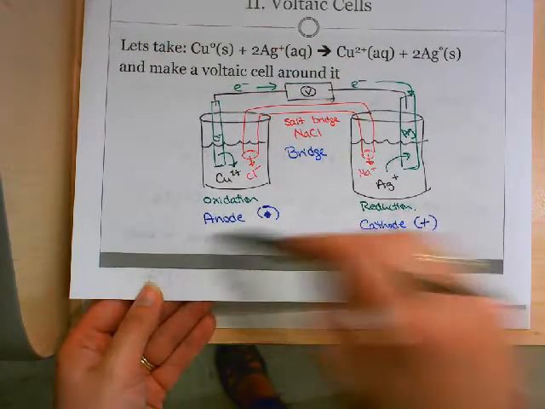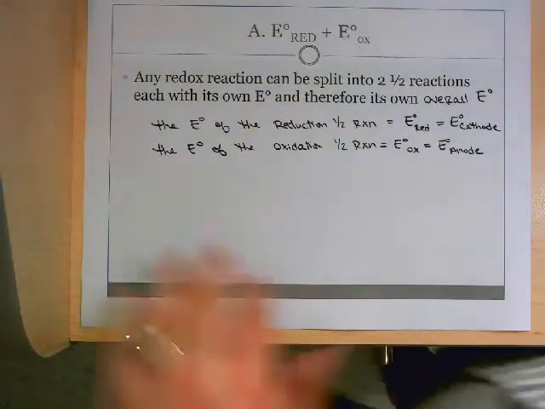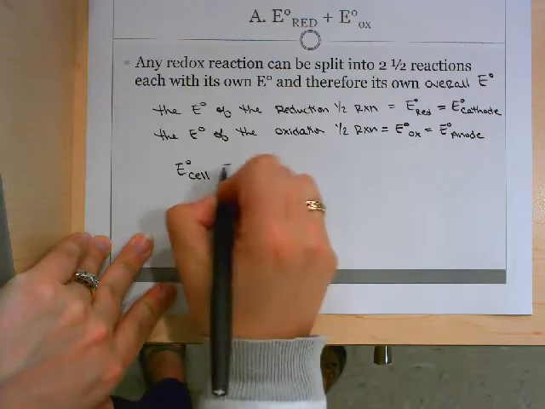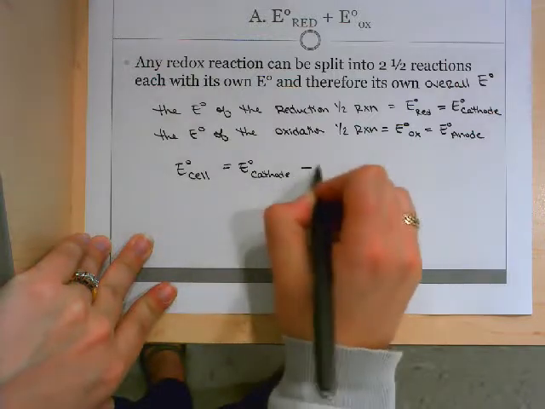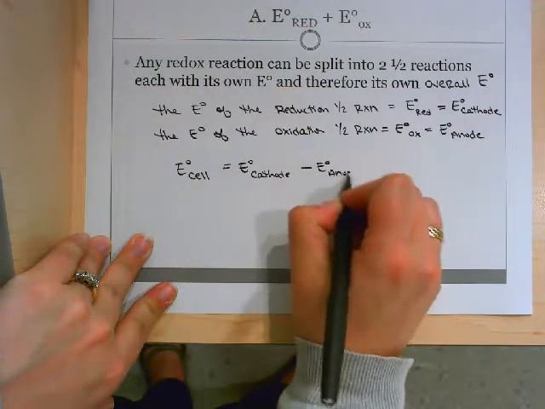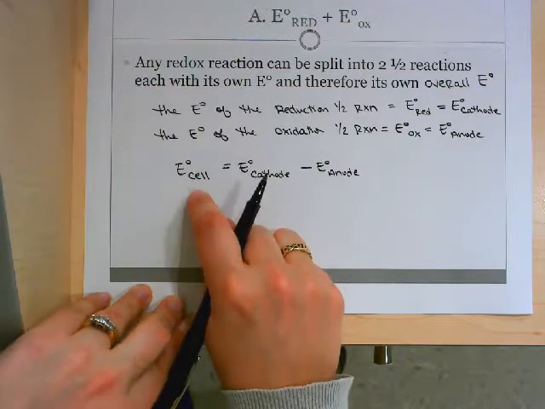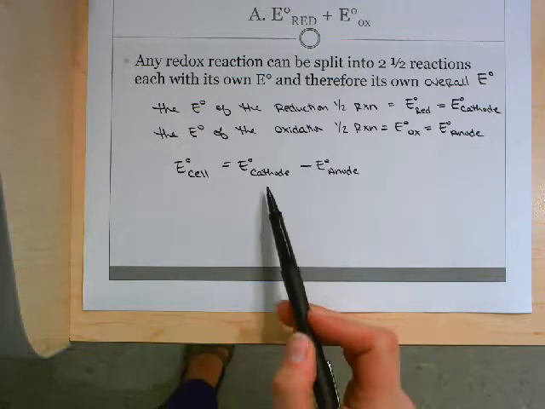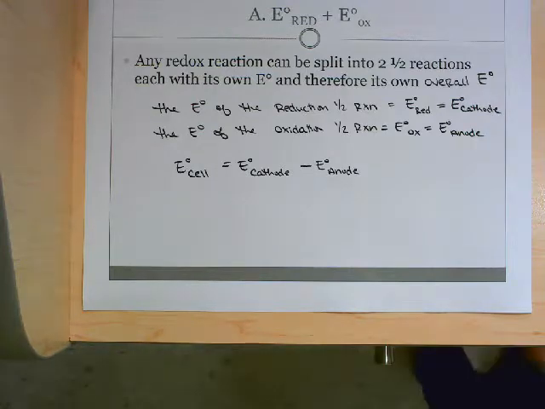So the total difference is going to be cathode minus anode. And this is telling me the overall potential of the cell, right? The whole cell potential is based on how many electrons ended at the cathode minus how many are left at the anode. That's it.